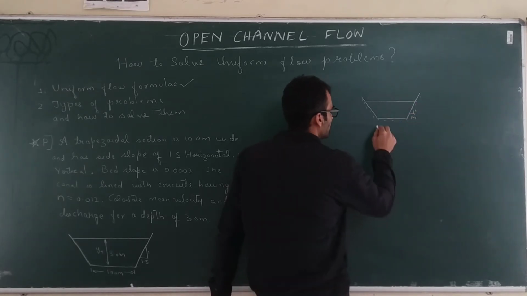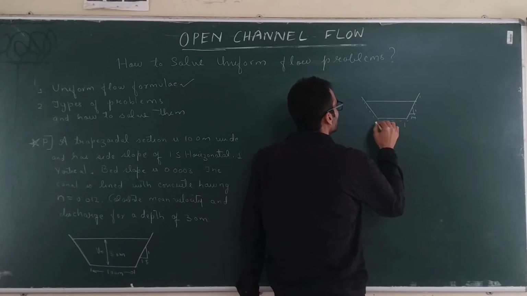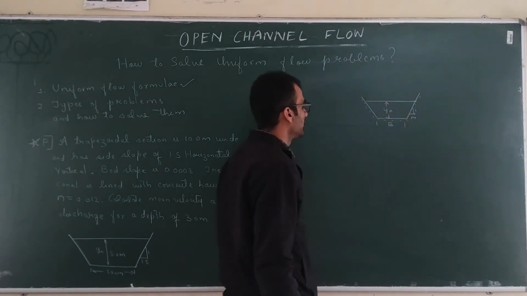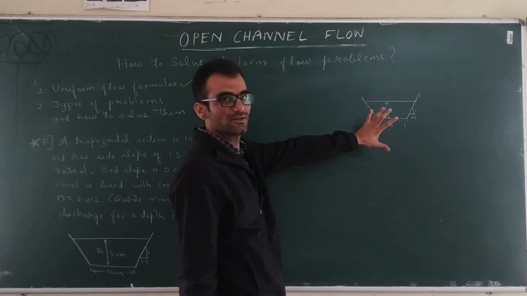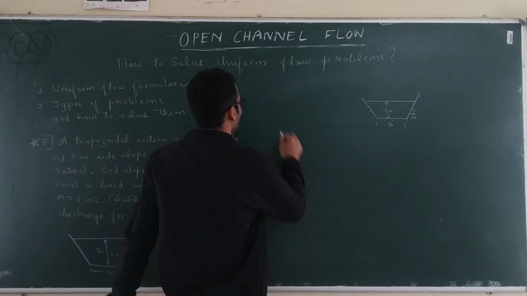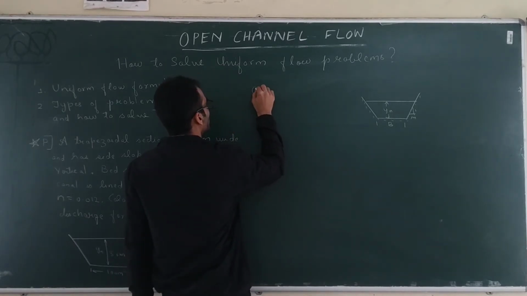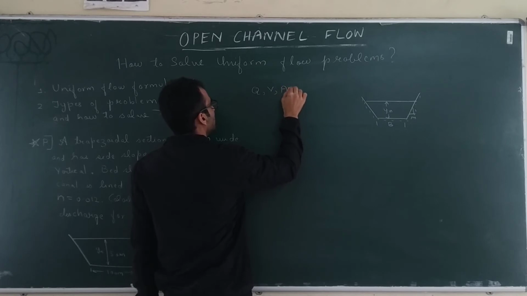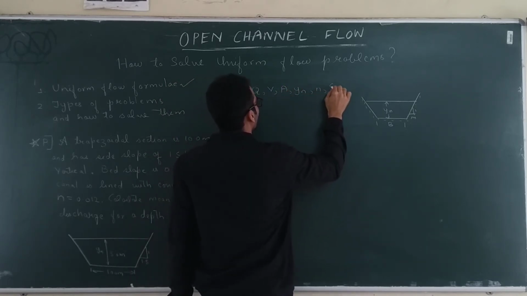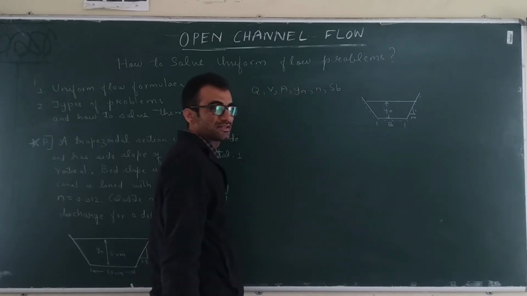This is your B, and this is the normal depth yn. So some uniform flow is taking place. In this uniform flow, what parameters do we have? Q, V, A, Y, N, and bed slope SB. These are the parameters.